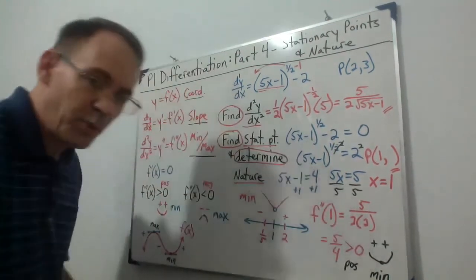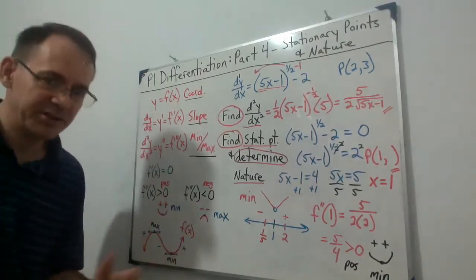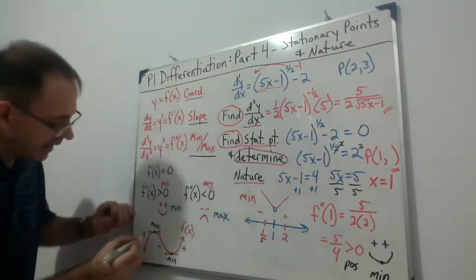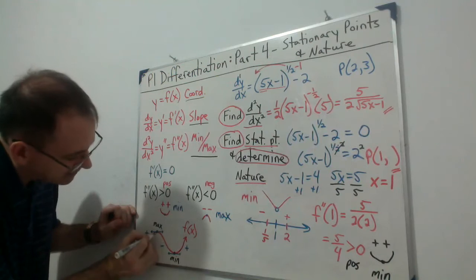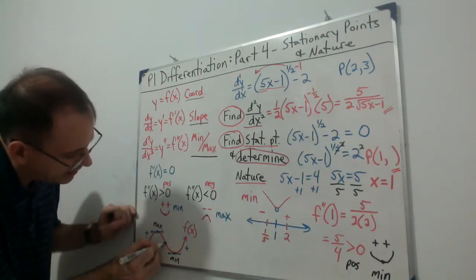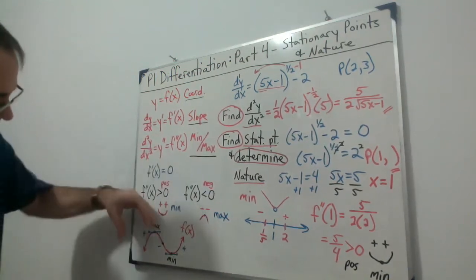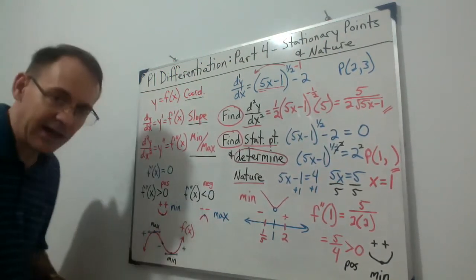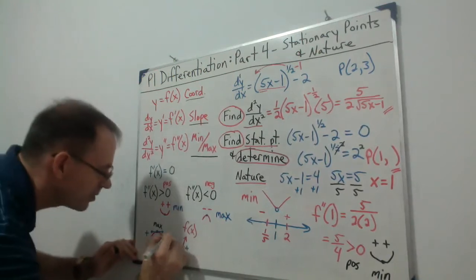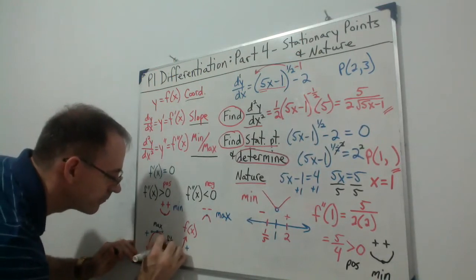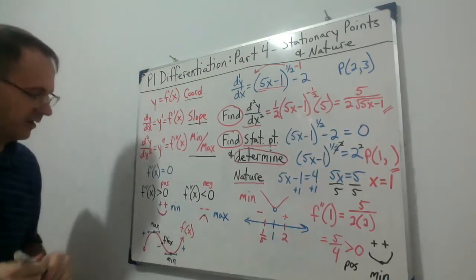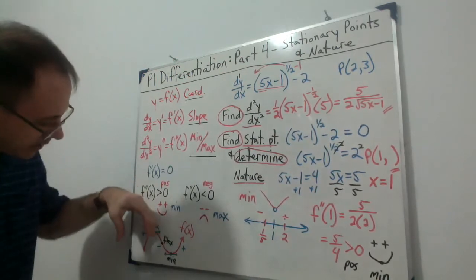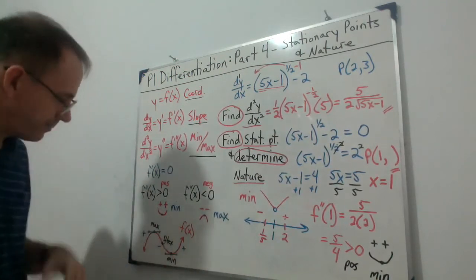There is one other point that you can be aware of, but Cambridge doesn't really ask for it. Notice that at some point right in the middle here, you change between concave down and concave up. This is what's called a flex point. A flex point is where concave down meets concave up.